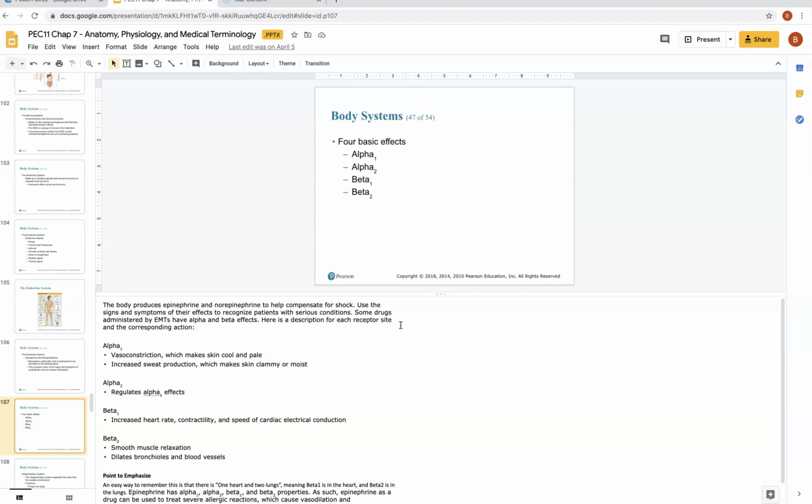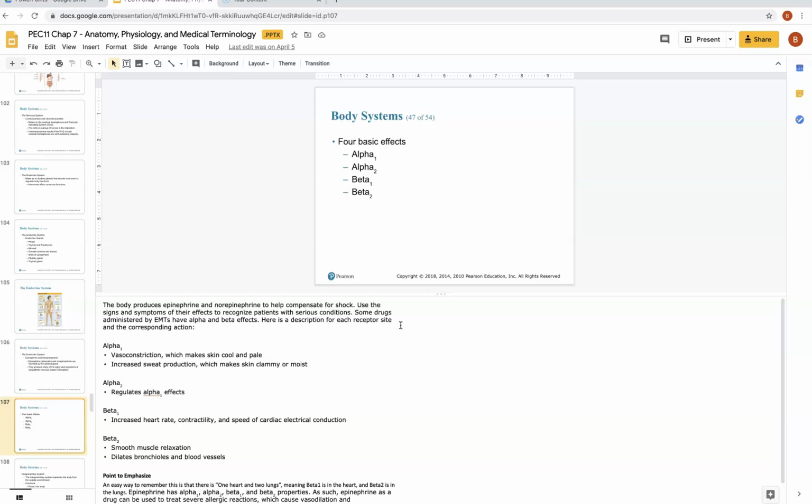Now, if you look at beta 1, the number 1, how many hearts do we have? 1. That's how you remember it's a beta 1 effect, because it deals with the heart, because we only have one heart, beta 1. Beta 2 deals with smooth muscle relaxation and dilates bronchioles and blood vessels.